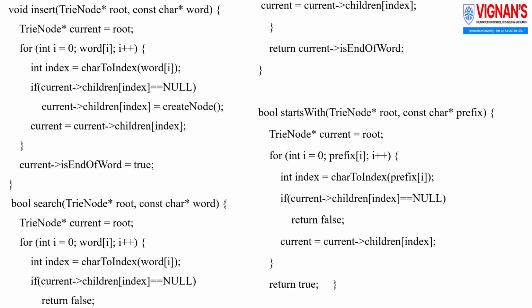If any required child node is missing, it returns false. The word is considered found only if the final node is marked as the end of a word. The starts with function checks whether a given prefix exists in the trie. It traverses the trie using the prefix characters and returns true if all characters are found, without checking for the end of word marker. These operations run in O(L) time, where L is the length of the word or prefix.